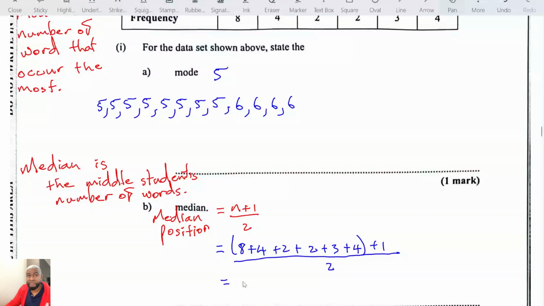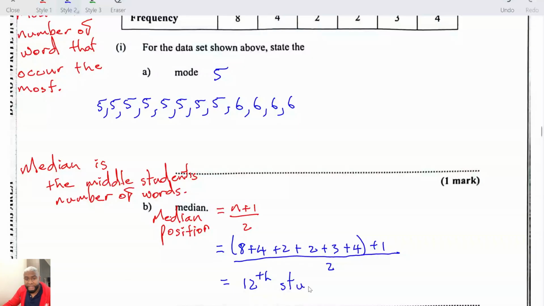When you add this up, it's 23 plus 1 over 2, so we're looking for the 12th student. You didn't add the 1. If we were doing a question with class intervals, then we wouldn't add the 1. It's students we're talking about.